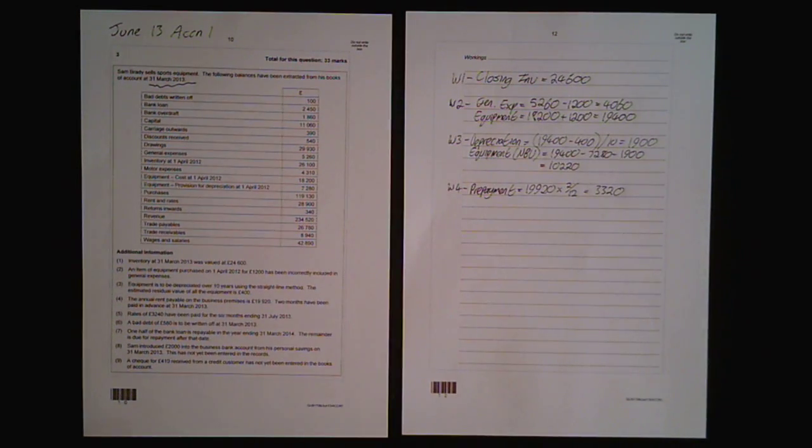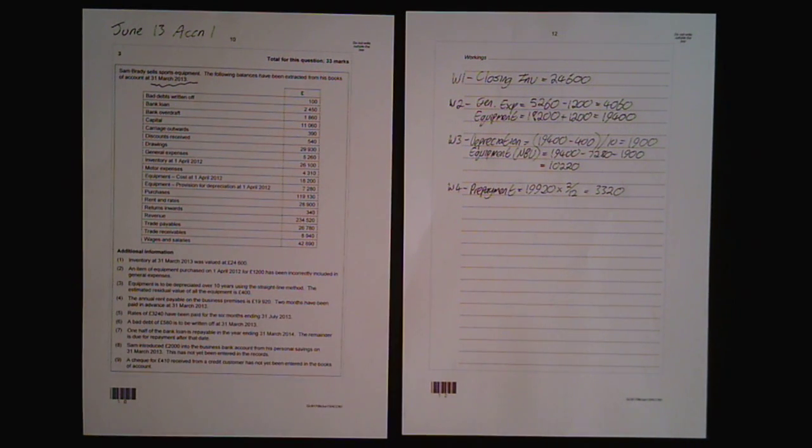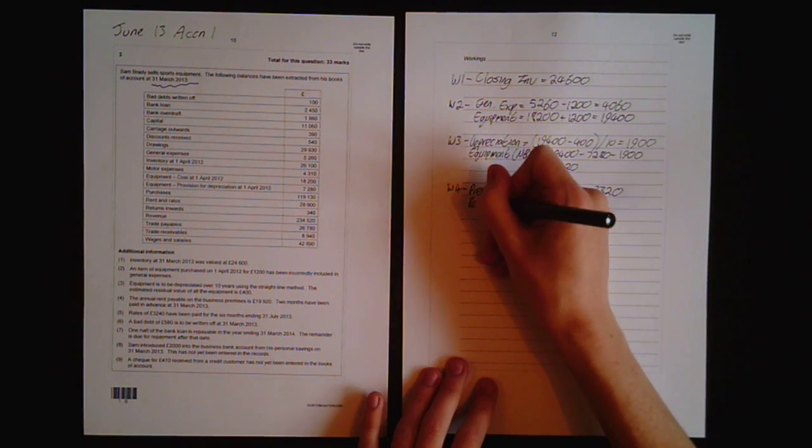3,320. So now we've calculated this prepayment, we need to decrease the amount of our rents and rates in our expenses, don't we? Because we've paid some of the expense which isn't relevant to this financial year. And what we want in the income statement is what's relevant to this financial year, not the next financial year. So I'm going to draw up my rent and rates.